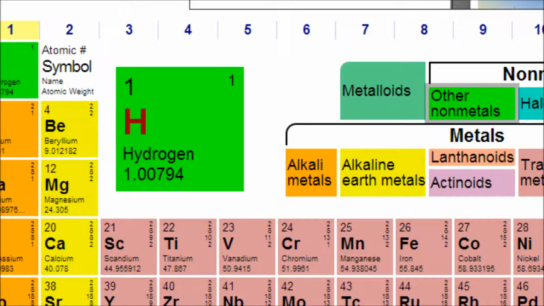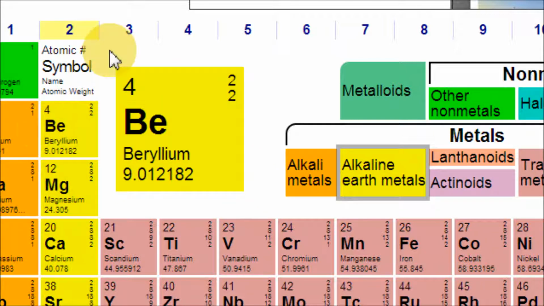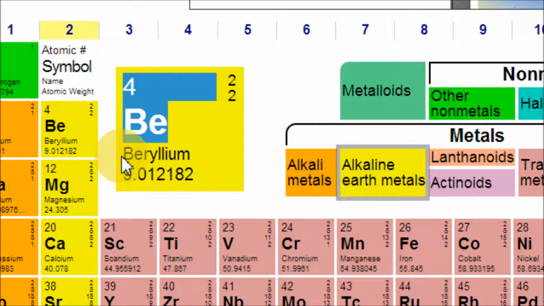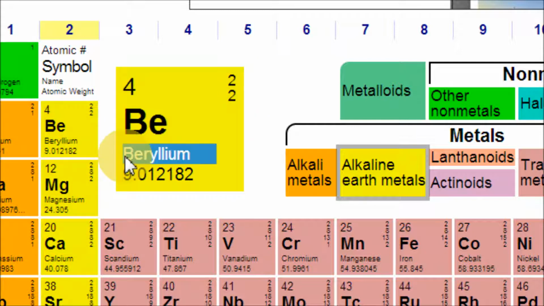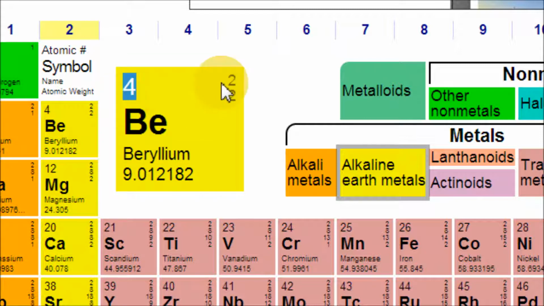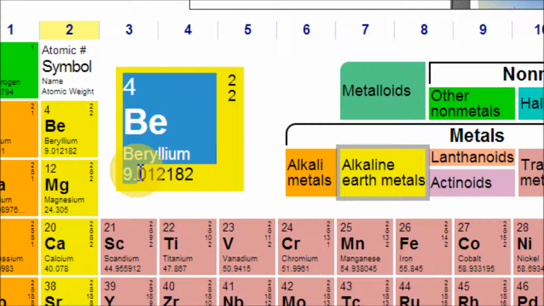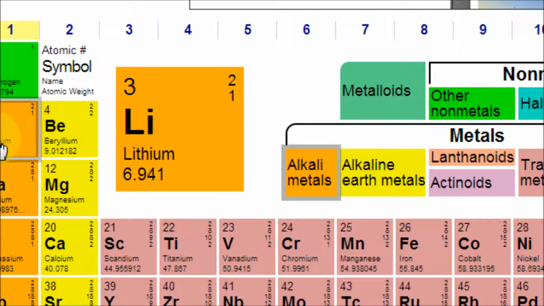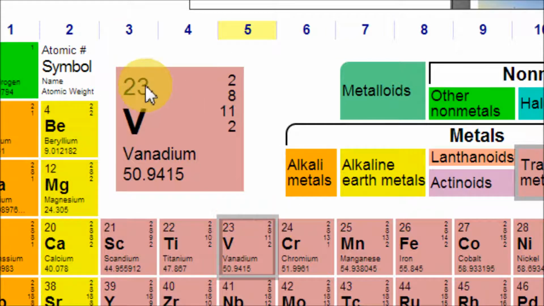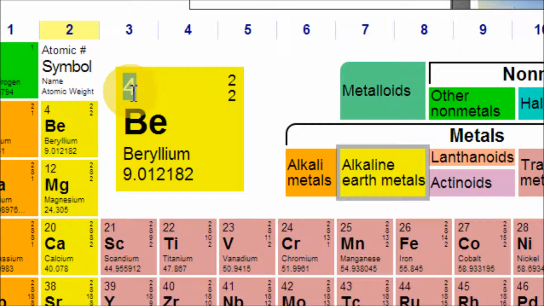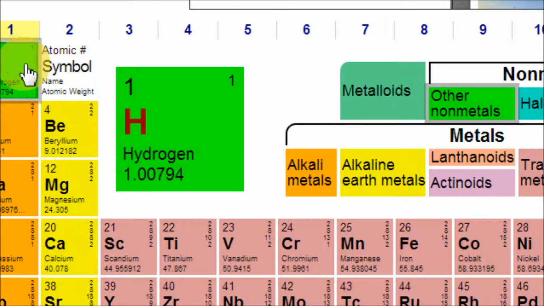So let's just take a closer look at what is actually being said here. Well, for beryllium, Be, this is its abbreviation. This is on every periodic table. Then its name is right beneath it, beryllium. What is this number? This up here at the top for all elements is their atomic number, which is like their number in the periodic table.